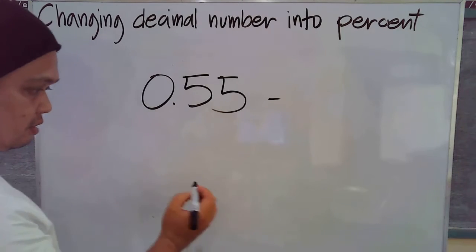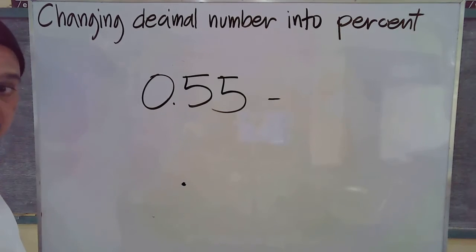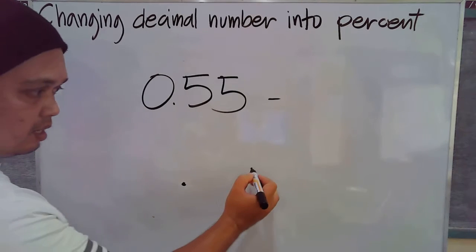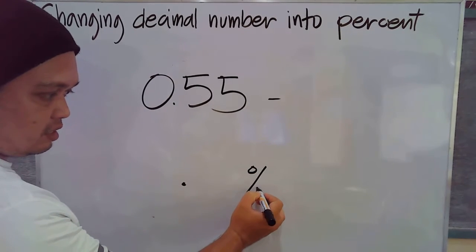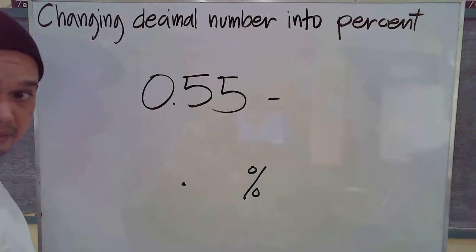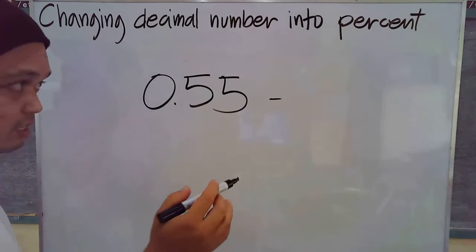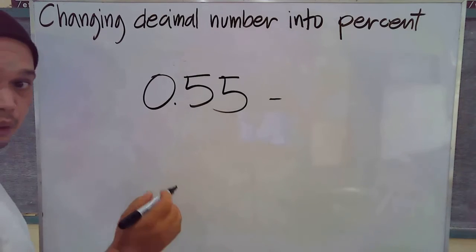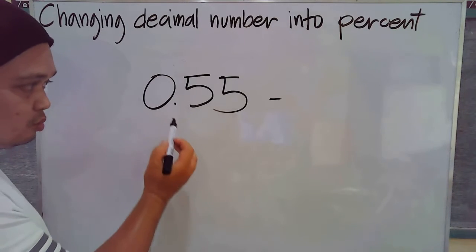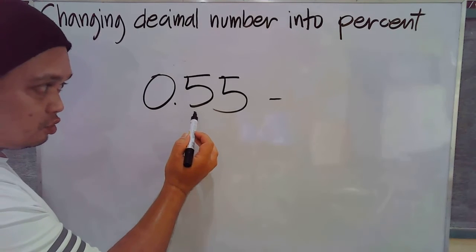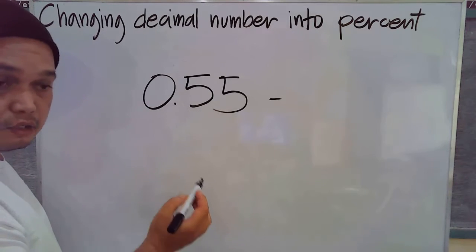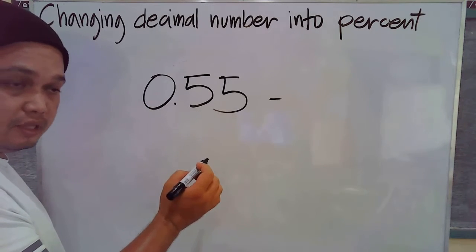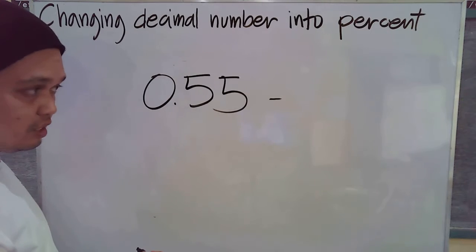Okay? So the point here is the decimal symbol, while this is the percent sign. To change this decimal number into percent, just move the decimal point 2 steps to the right, drop the point, and change it into the percent symbol.